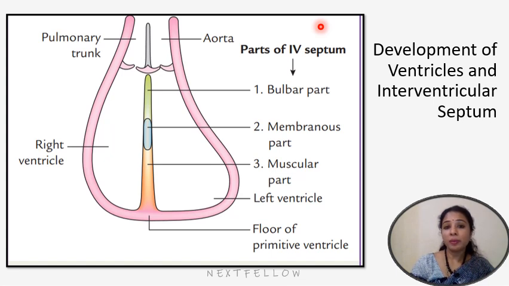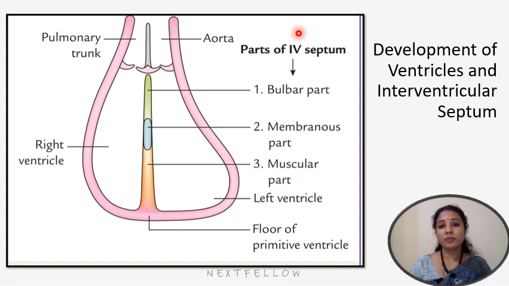Thus the membranous part is derived from three sources. Note down these three sources: the right bulbar ridge, that is the right conus swelling, the left bulbar ridge, that is the left conus swelling, and the inferior endocardial atrioventricular cushion.